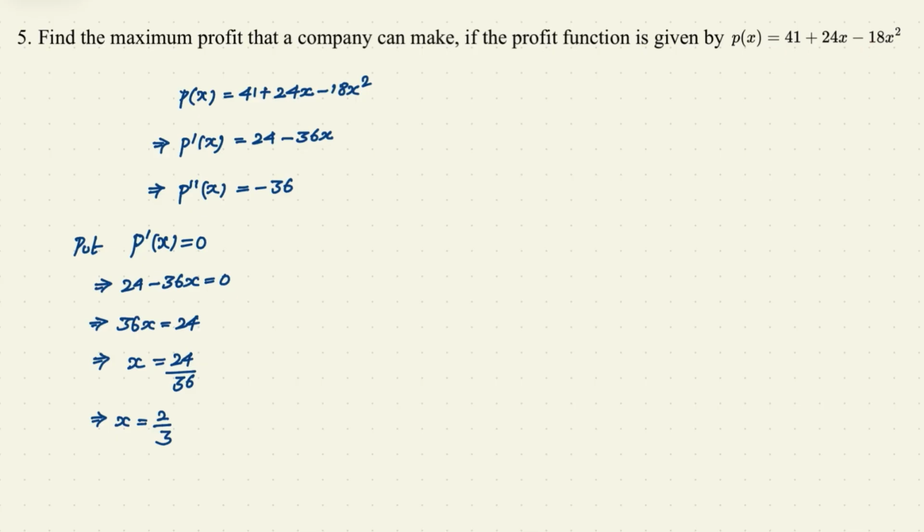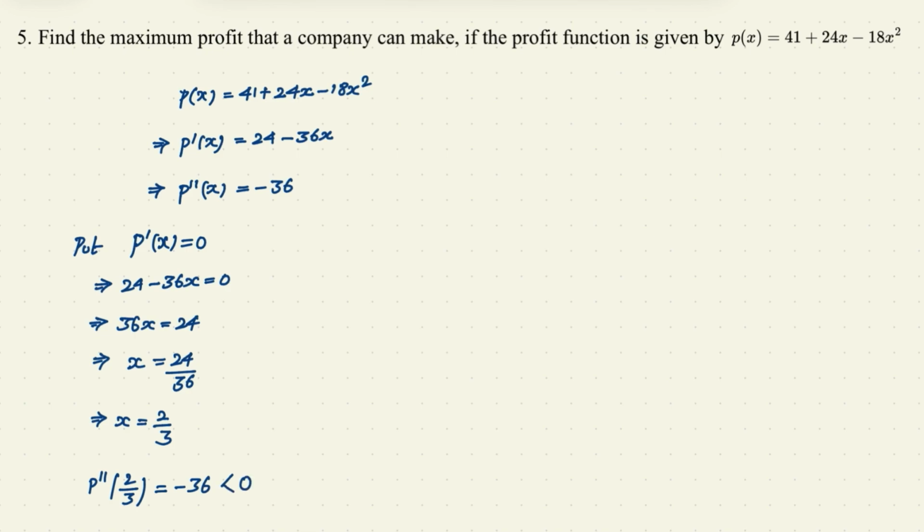But still, let us try to check whether this point is the point of local maximum or not. For that, we have to put this 2/3 in p''(x), and if I try to find the value of p''(2/3), that will be -36 only, which is less than 0.